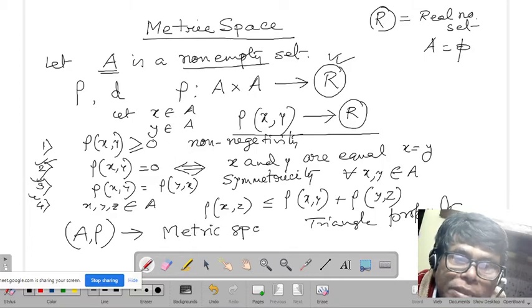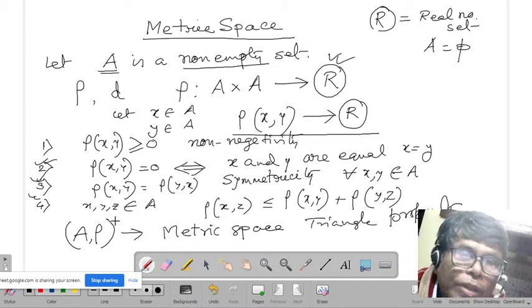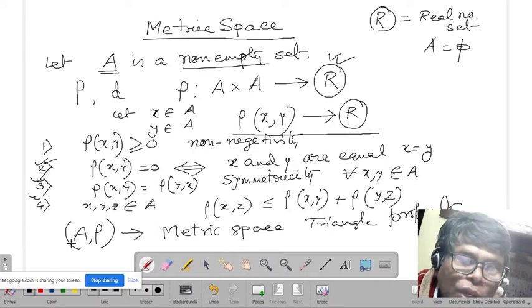Rho is called the metric function of the space, valid for A only.